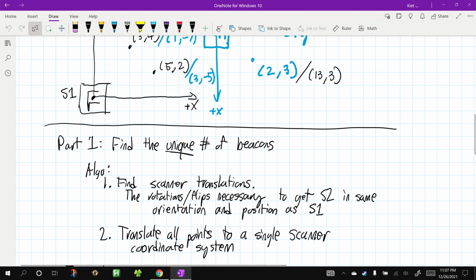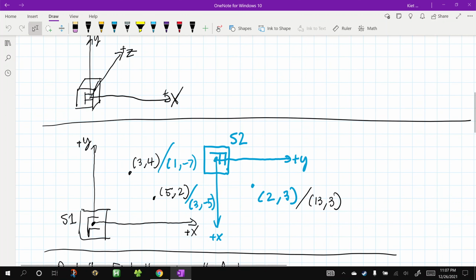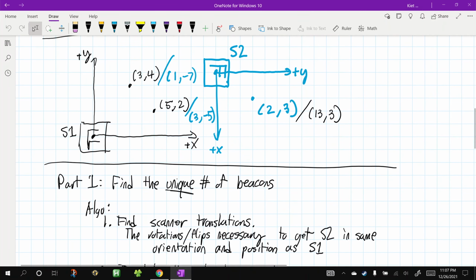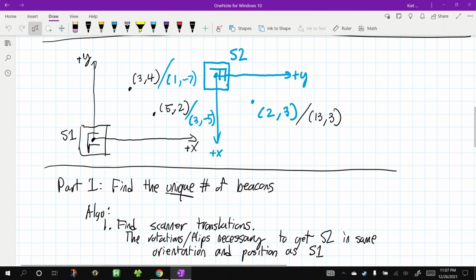Okay, so for the first problem, the algorithm that I decided to go for in order to solve this was, first, we find the scanner translations. So the rotations and flips necessary to get the S2 scanner in the same orientation and position as the S1 scanner.